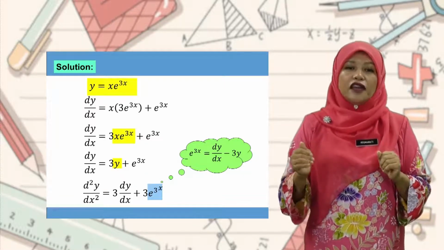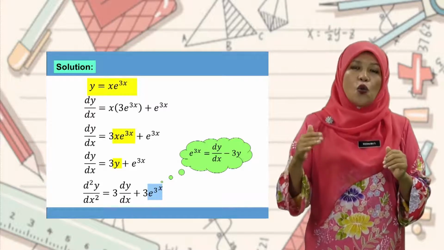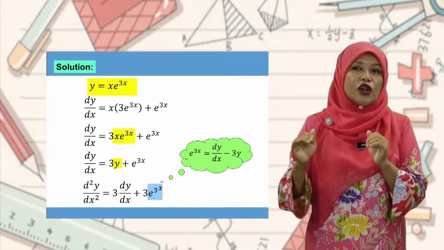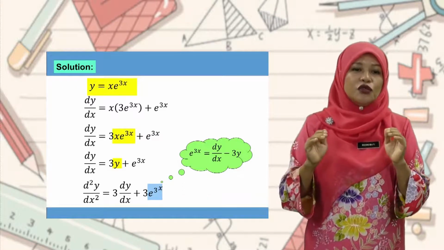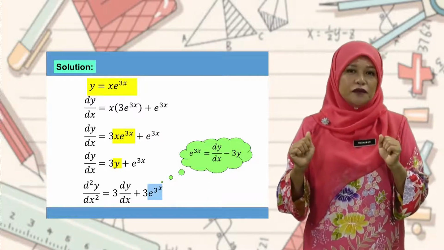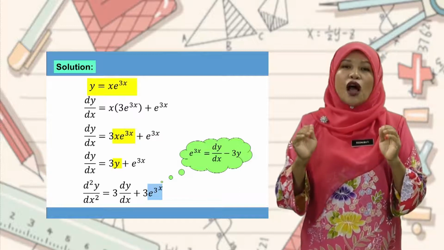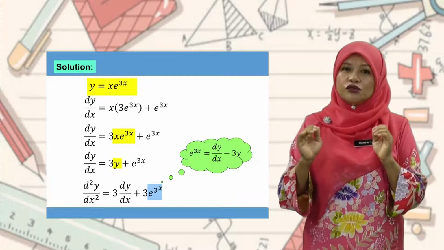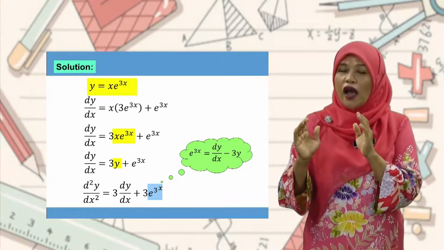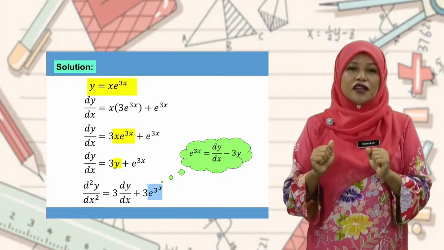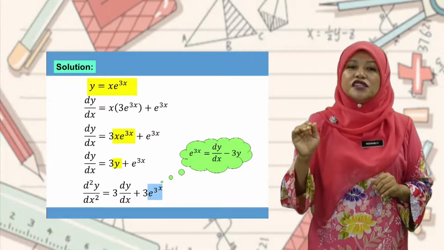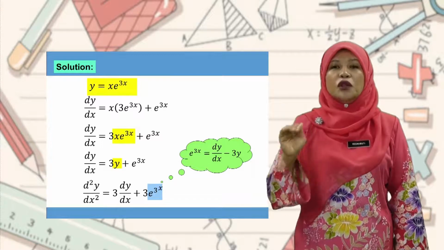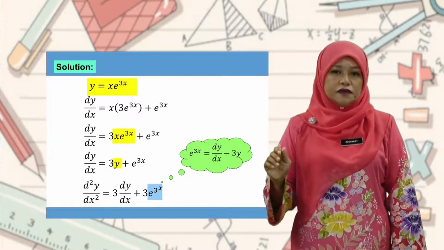Then I need to differentiate once more so that I will have the second order, which is d2y dx squared. So our d2y dx squared will be equal to 3 times the differentiation of y, which is dy dx, plus the differentiation of e to the power of 3x, which is 3 e to the power of 3x.